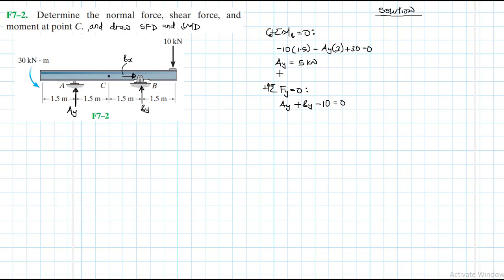We've already calculated what AY is, so we replace AY there. Therefore our BY is just going to be equal to 10 minus 5. We expect BY to be equal to 5.